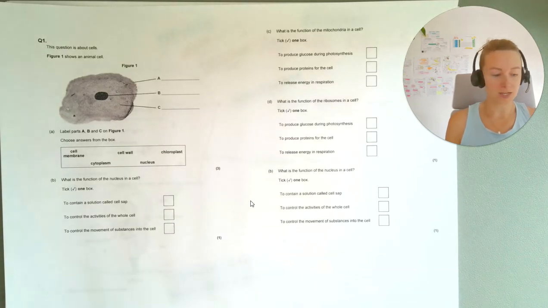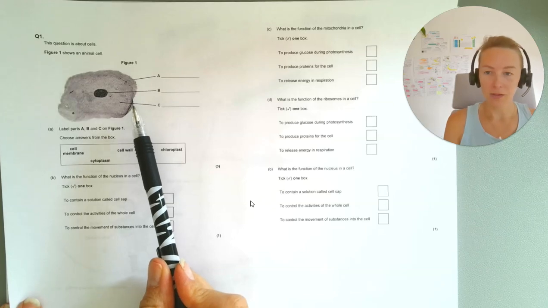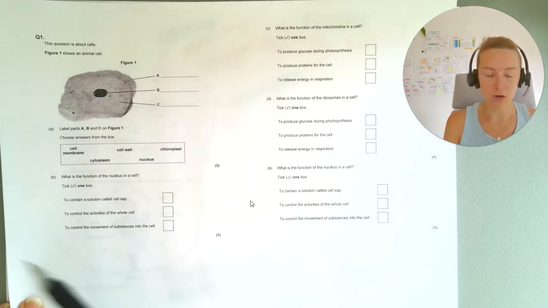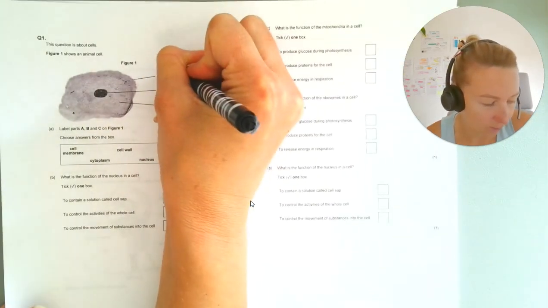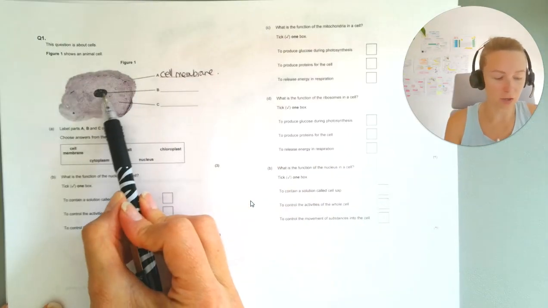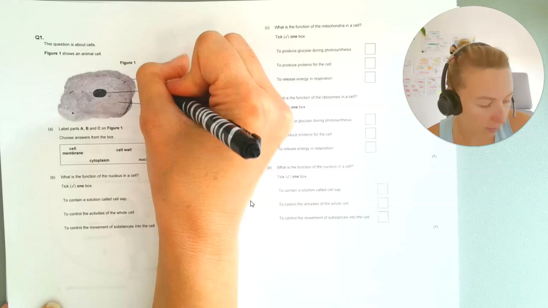Okay, so this is what it would look like under a microscope, and you can see the bit all around the outside. We know that this is the cell membrane controlling what goes in and out. We have this bigger dot in the middle. This is our nucleus.